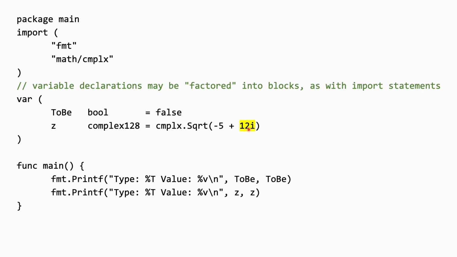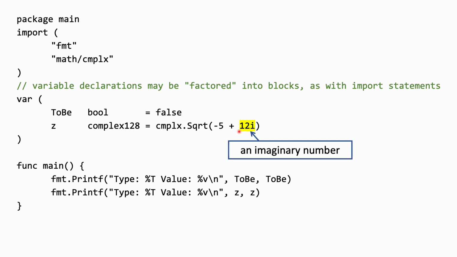Recall that a complex number is the sum of a real number and an imaginary number. An imaginary number is the product of a real number and the unit imaginary number i, whose square is -1.